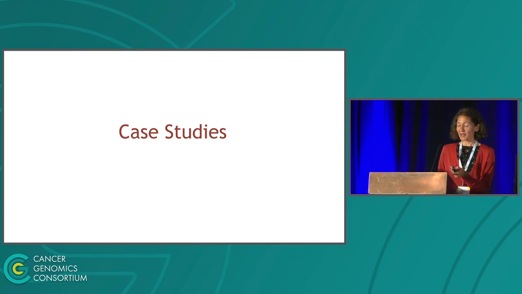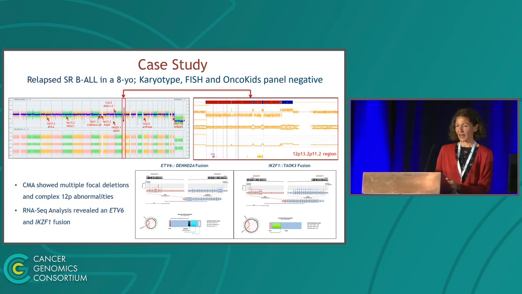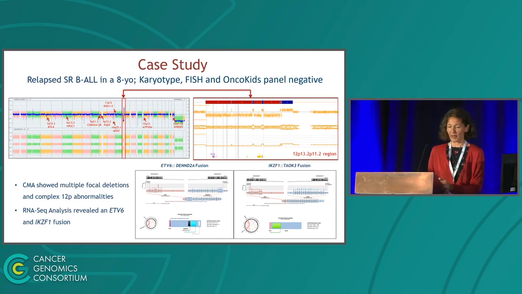To close, I wanted to show some case examples where I think this expression-based classification showed its utility. This first case was standard risk BLL in an 8-year-old that relapsed soon after completion of treatment. All our standard of care testing was non-informative.